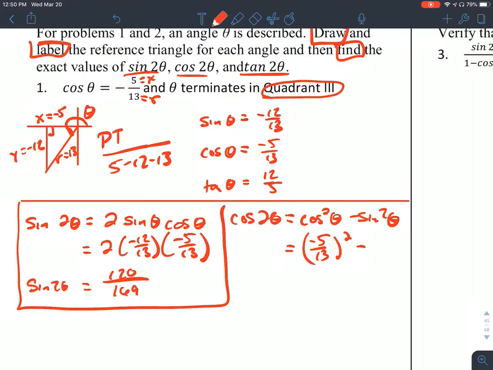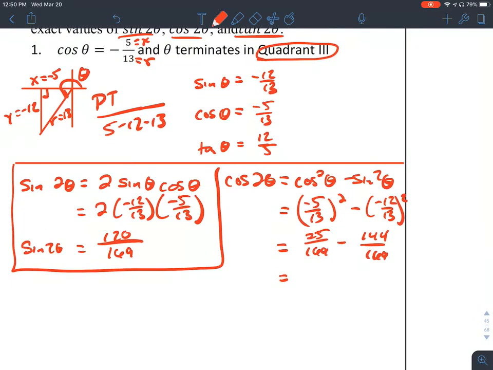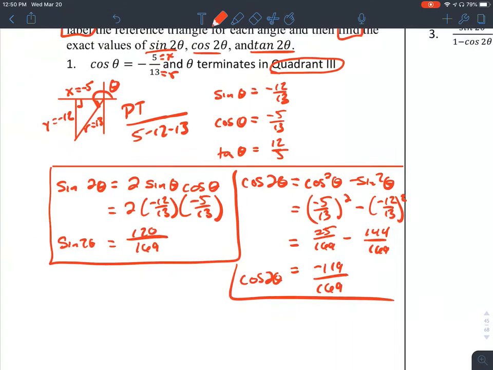Sine squared of theta, sine of theta is negative 12/13. That's being squared. When you square a fraction, you square the top and you square the bottom. So we're going to get 25/169 minus 144/169. If we subtract those, we get negative 119/169. That's cosine of 2 theta.